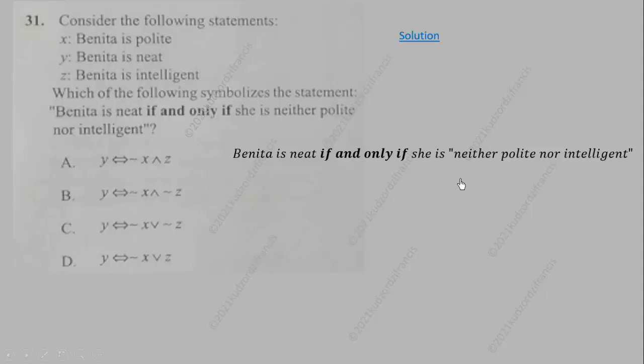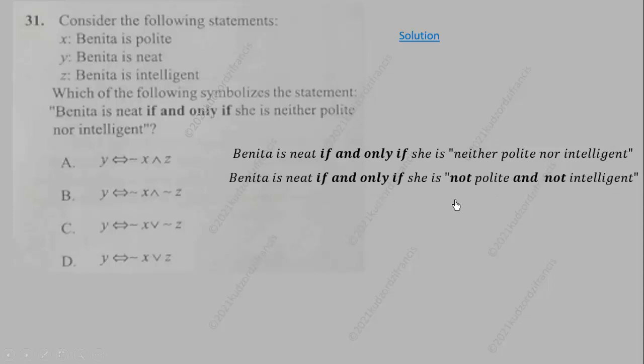When they say you are neither polite nor intelligent, it also means you are not polite and not intelligent. So this is the conjunction used for this.